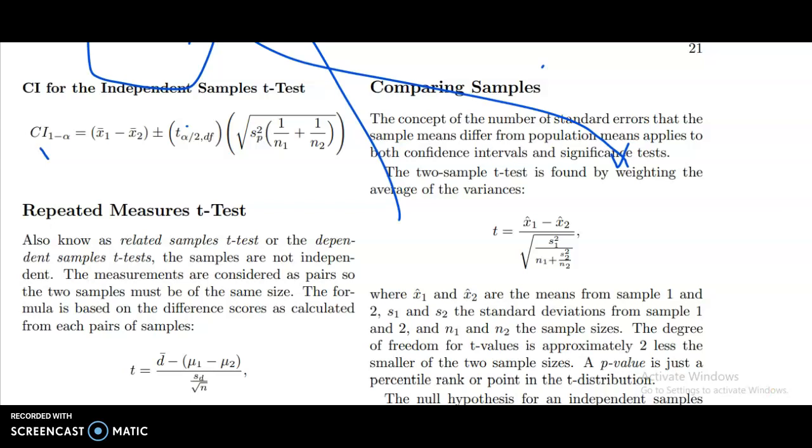The two sample t-test is found by weighting the average variances. This is the two sample t-test.